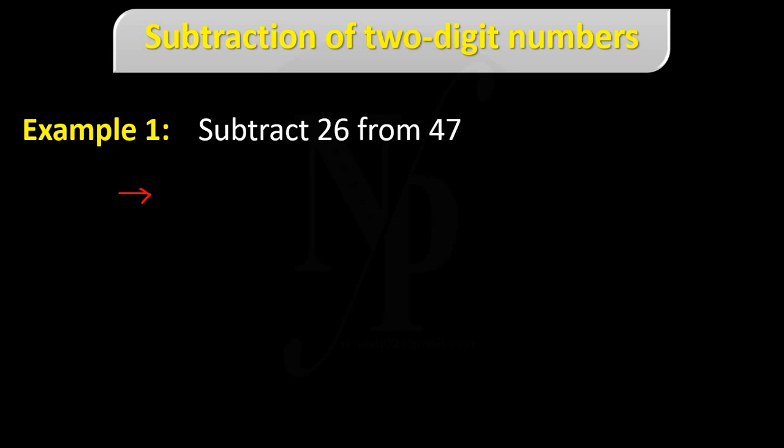So we should write the number 47 first and 26 just below that, minus 26. So after writing down the given numbers one below the other, we have to subtract the digits at ones place first. 7 and 6 are in ones place.